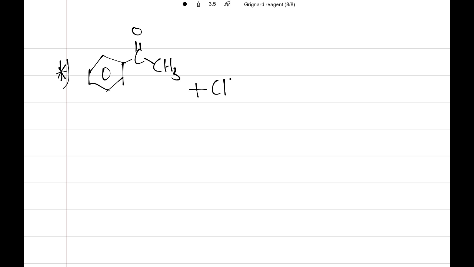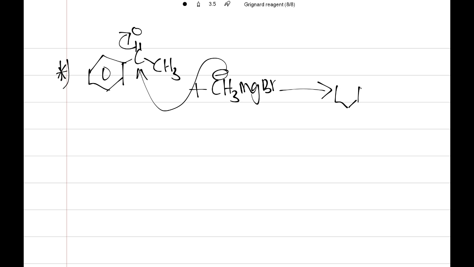When this reacts with CH3MgBr, the CH3 minus is directly attached to this electrophilic carbon, and the electrons are shifting towards the oxygen, and we get the carbon with oxygen carrying the negative charge, and MgBr, and here it is CH3, and another one is also CH3.